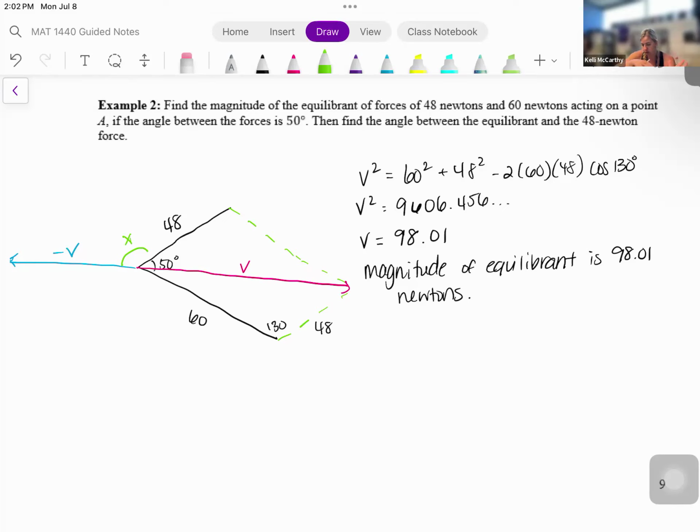I'm going to now start looking at that top triangle just to illustrate, to work with that triangle that's associated closer with the angle we're looking for. So we know that this leg is 60. We know that this is 130 degrees. We also know that the magnitude of our equilibrant or our resultant is 98.01.